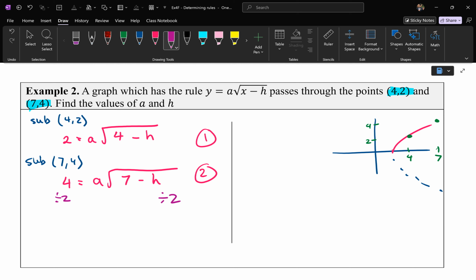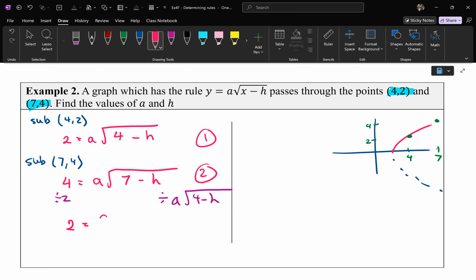But since 2 is also equal to this, I can rewrite that 2 and say, well, I'm dividing by the square root of 4 minus h, right? That's why the elimination method works, because you're pretty much doing both sides. So I divide by 2, and 2 equals this, so I'm just writing that as 2 as well. That's equivalent to 2. What's nice? Your next line: 4 divided by 2, we know is 2.